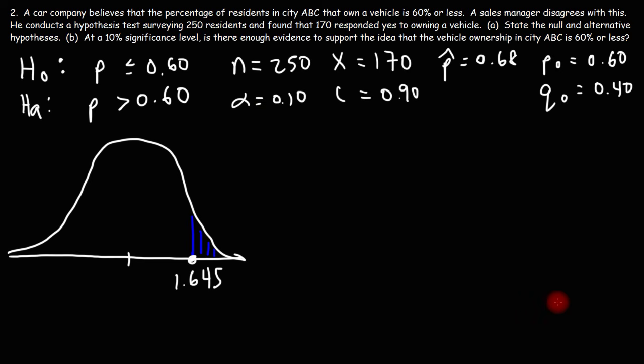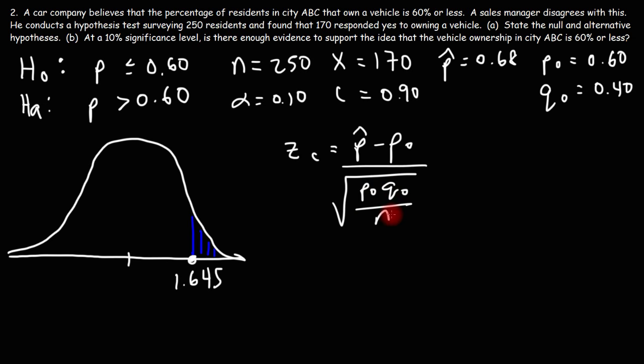So now let's compare our critical value with our calculated z-value. Let's use the formula to get that. Our sample proportion is 0.68. The proportion associated with the null hypothesis is 0.60.